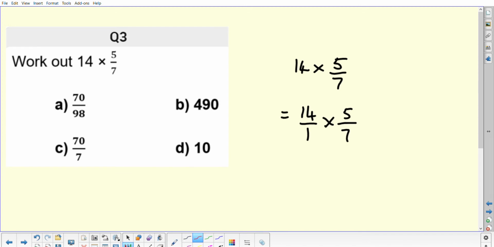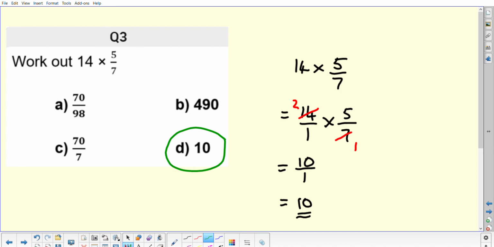And again, I'll be looking for you to multiply before you simplify, because it is easier to spot that 7 and 14 are both in the 7 times table, so we can say 7 into 7 is 1, 7 into 14 is 2. If you do that, you get 5 times 2 on the top, 10, over 1 times 1 on the bottom. 10/1, remember, any whole number over 1 is just the same as the whole number, so it's the whole number of 10, and of course that would have given us the answer of D.